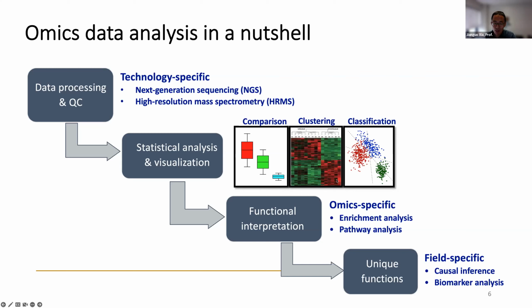So here are some of the commonly used tools, called enrichment analysis and pathway analysis. There are definitely other approaches, but this is the main thing if people want to do raw data processing, stats and functional interpretation. And there are also some more unique features, like causal inference and biomarker analysis.